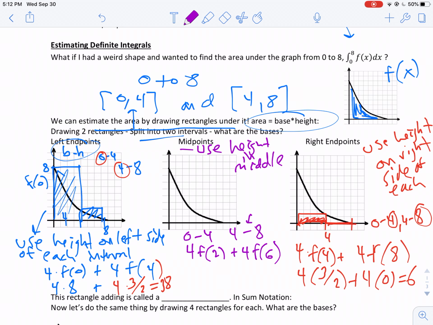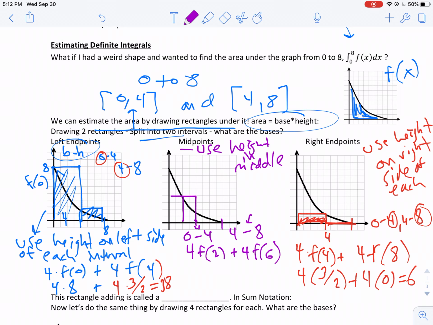So what if I use the height at 6? So I'm splitting that up at 4, and I use the height at 2, go up to there, and use that. Oh, geez. And what if I use that for the height of the whole thing as I go from 4 to 8? I'm going to actually draw a good picture here.